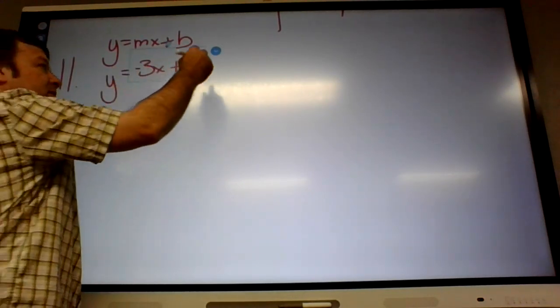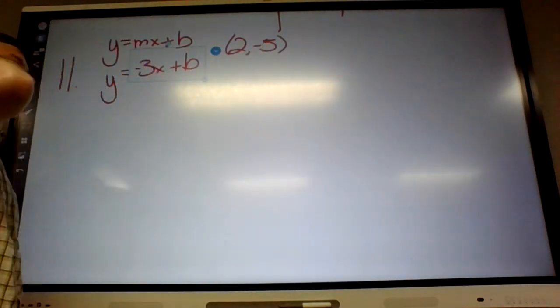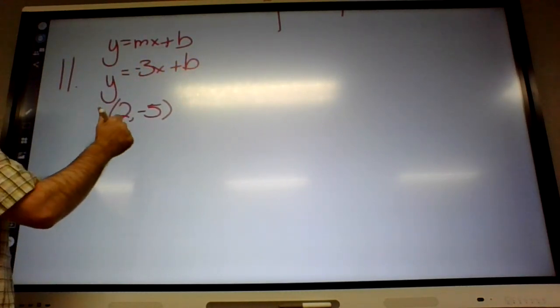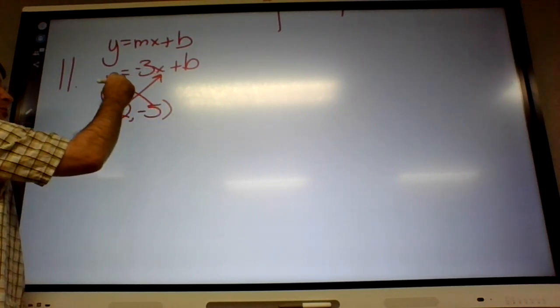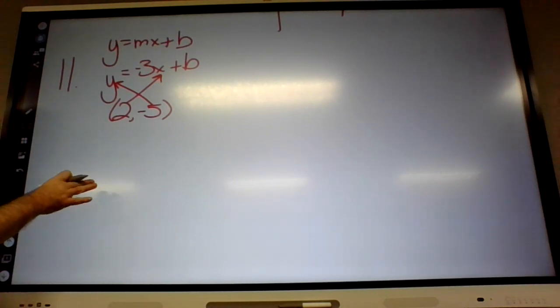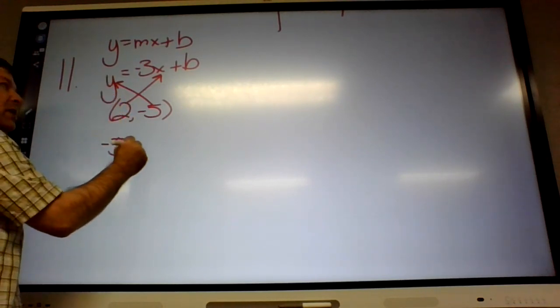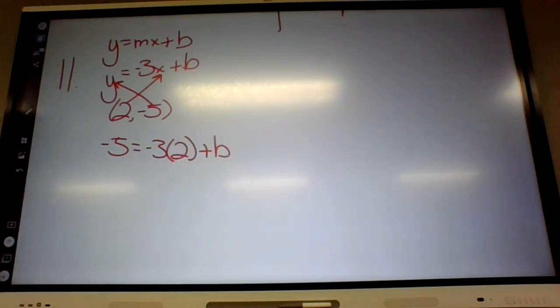Well, the other thing they tell us is that the line is supposed to contain the point 2, -5. If 2, -5 is on the line, what that tells me is when the x value is 2, the y value should be -5. I can plug those in and figure out what b has to be. So I'm going to put -5 in for the y and 2 in for the x. And solve it for b.